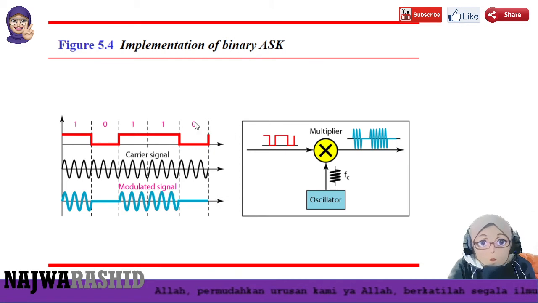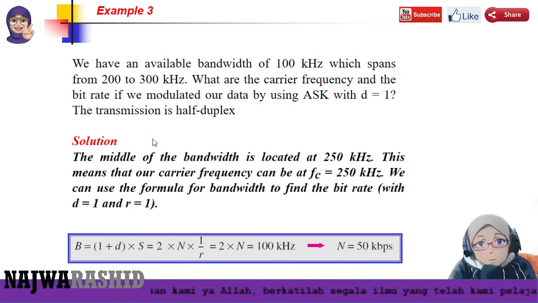We multiply this data by the multiplier, which we call the carrier frequency, and then we generate another signal, which we call the modulated signal, and send it to the receiver. At the receiver side, it goes through the demodulator in order to generate the data in digital form.